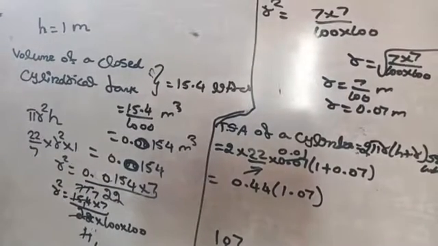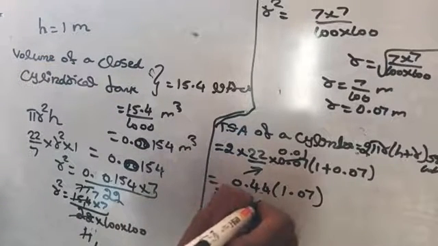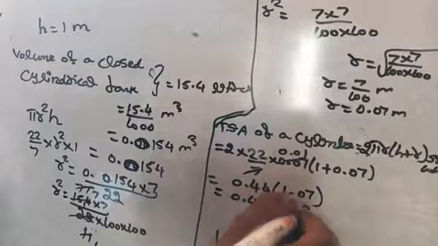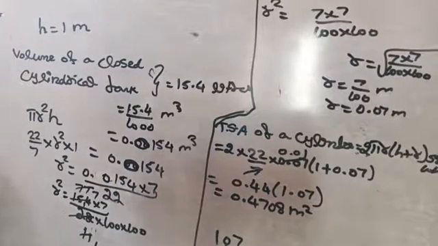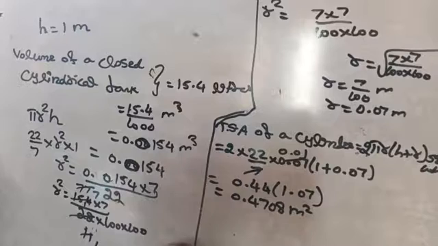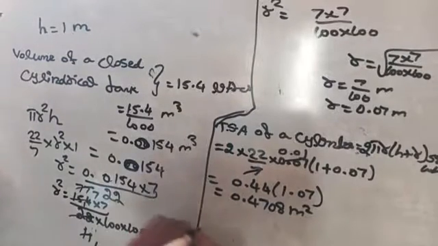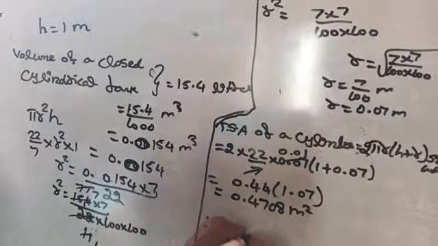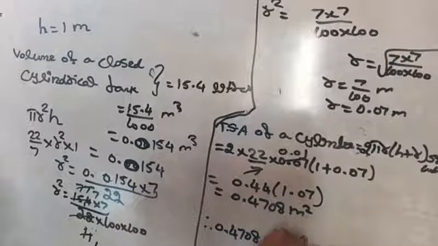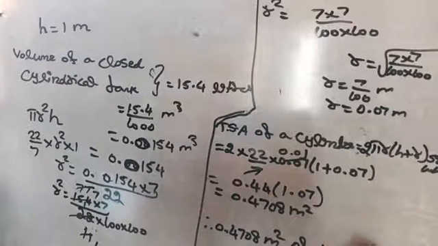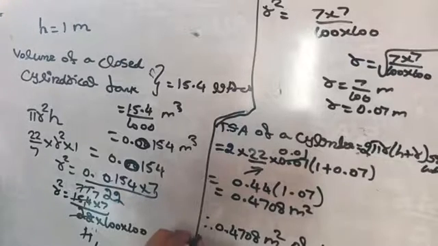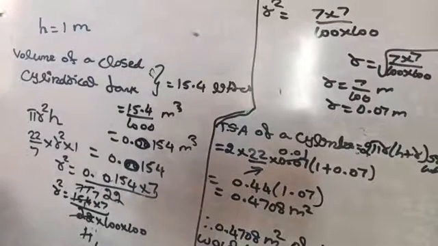I think so. What is your answer? 0.4708 meter square. Therefore, 0.4708 meter square of metal sheet would be required to make the closed cylindrical tank.